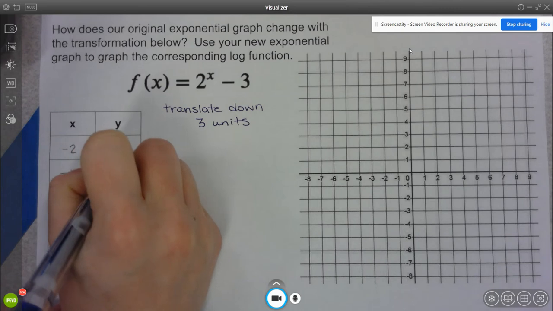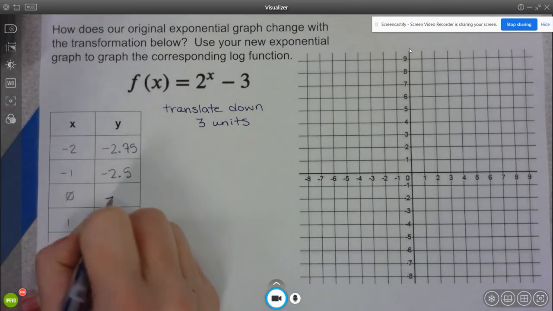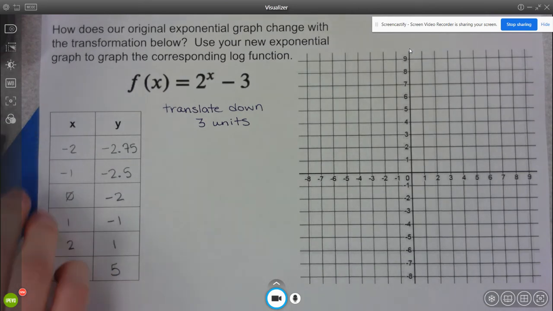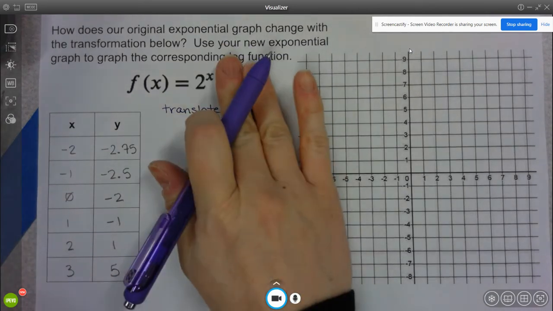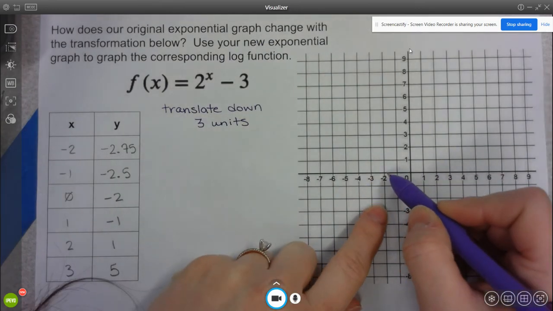So this is going to be negative 2.75. It's going to be negative 2.5, negative 2, negative 1, 1, and 5. So all I did was take my original output values from 2 to the power of x, and I subtracted 3. So I'm going to graph this really quick.